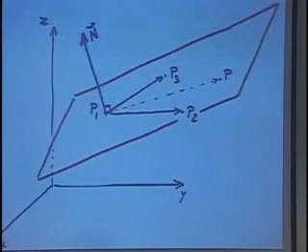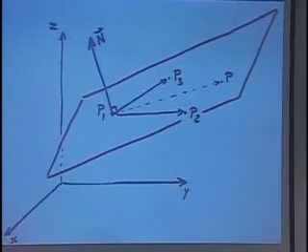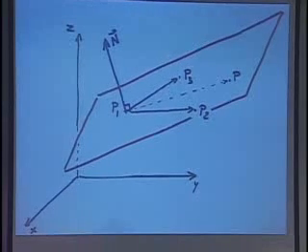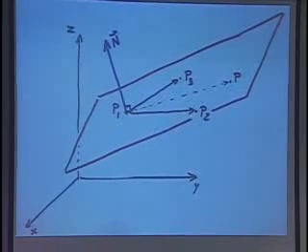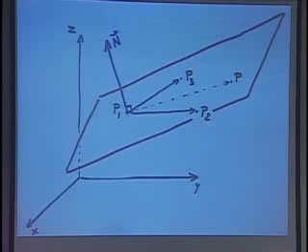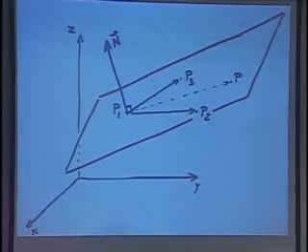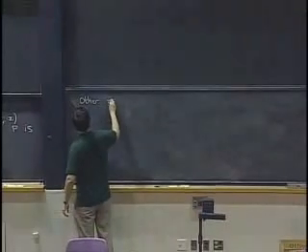So why is that? Let's say that we know how to find a vector that's perpendicular to our plane. Then what does it mean for the point P to be in the plane? It means that the direction from P1 to P has to be perpendicular to this vector n.